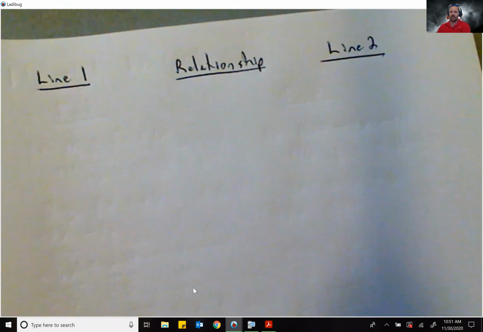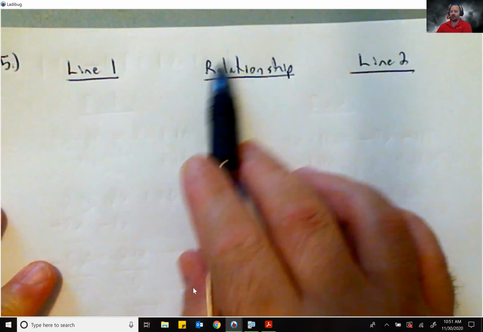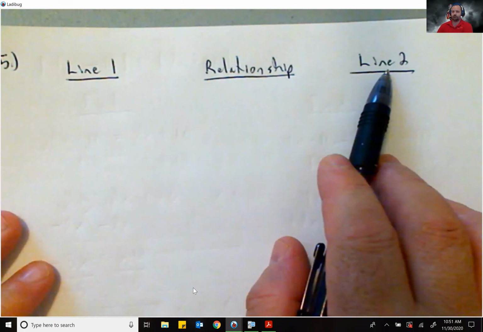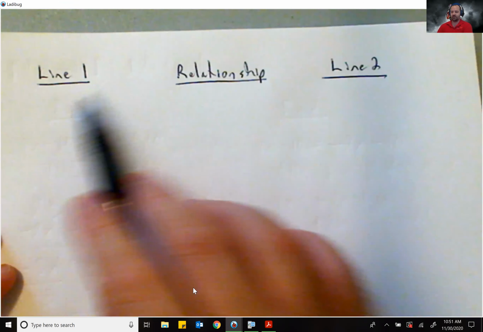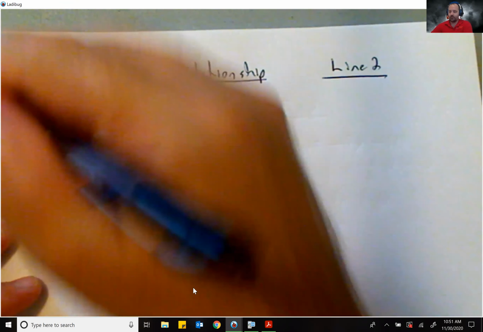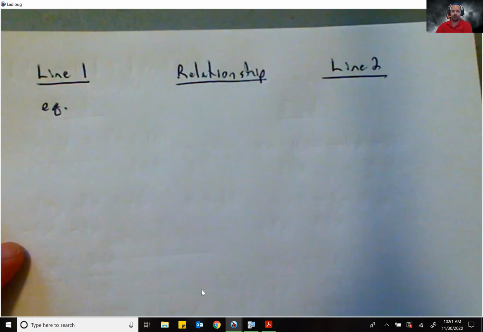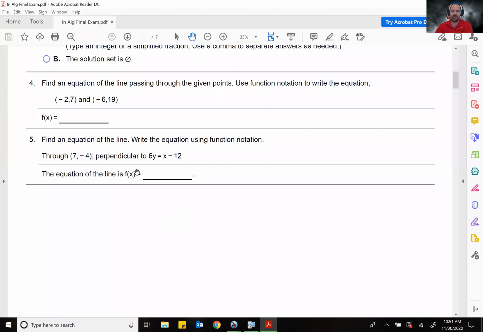My setup looks like line 1, there's a relationship, and then there's a line 2. So there's a relationship between these two lines. Under line 1 goes the equation they give us. So if we come back, the equation they give us is right here: 6y equal to x minus 12.